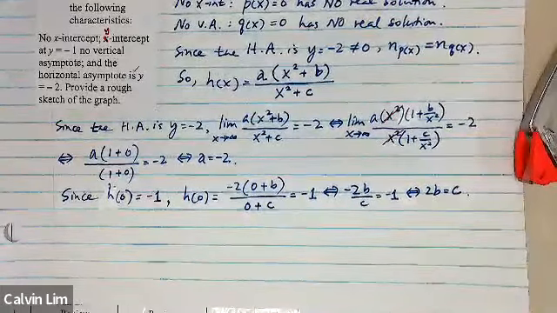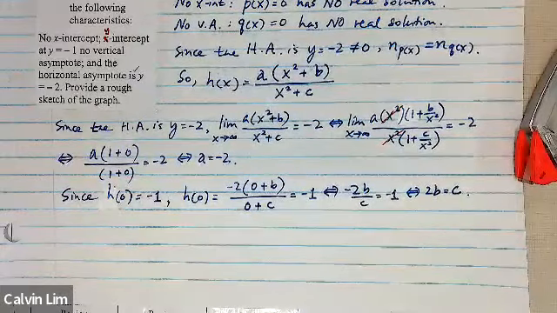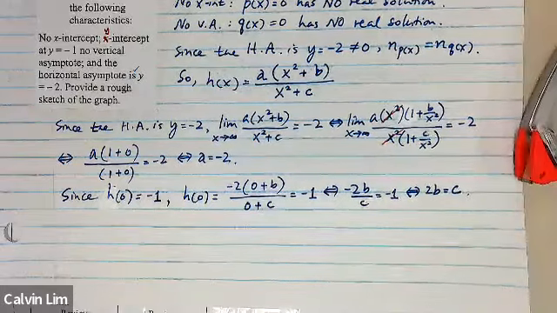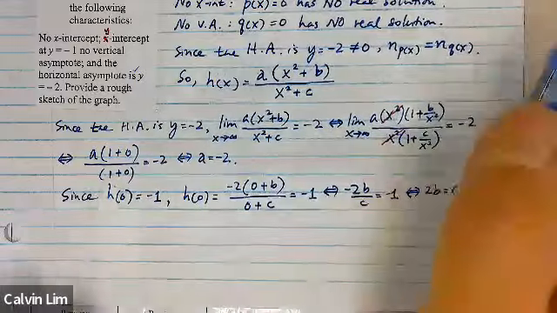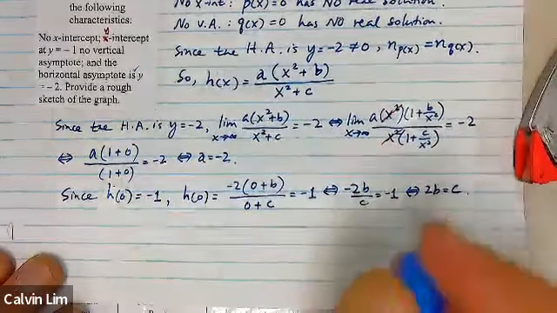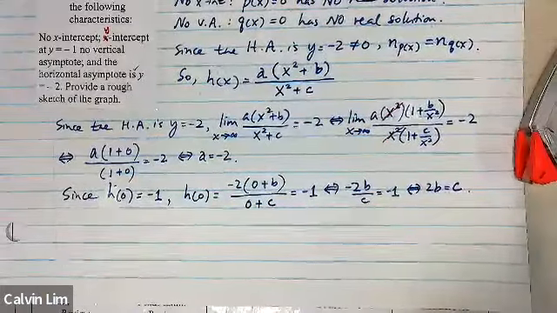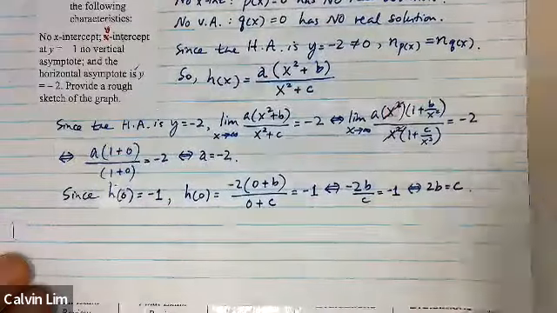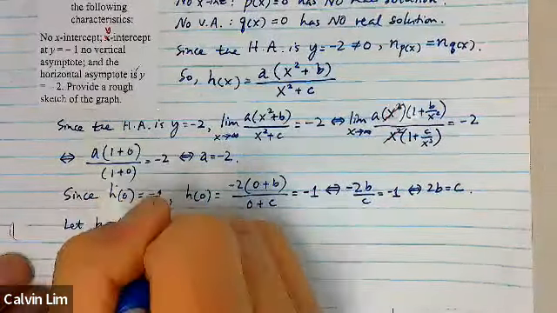So do we have a unique value of b and a unique value of c? You have an infinite number of b, c pairs. So what are you going to choose? You're going to choose the cleanest number. Let b be 1.